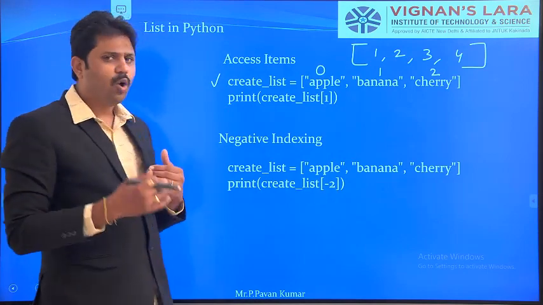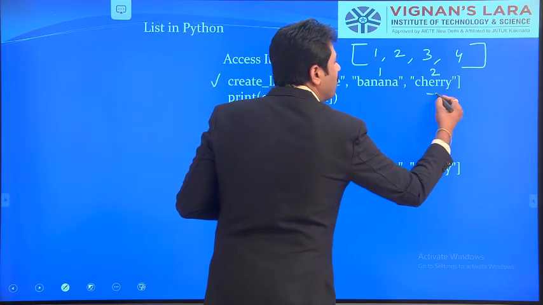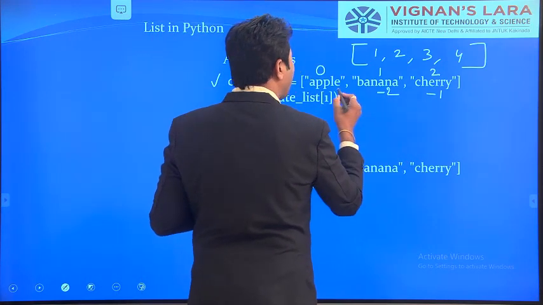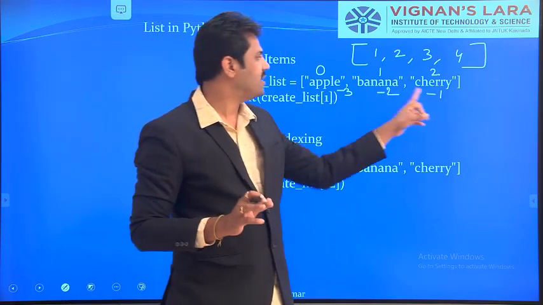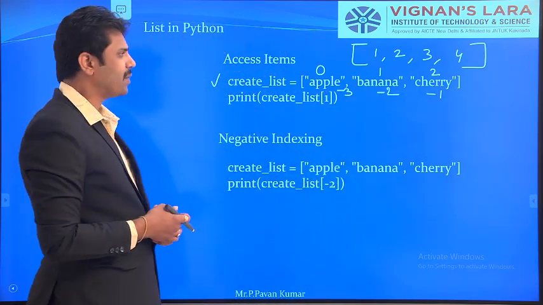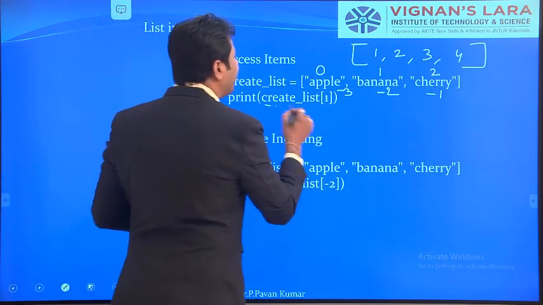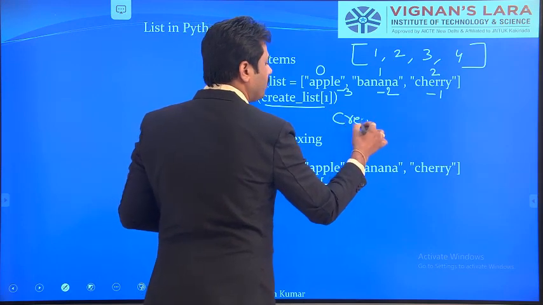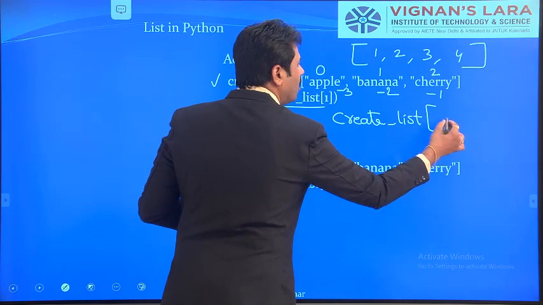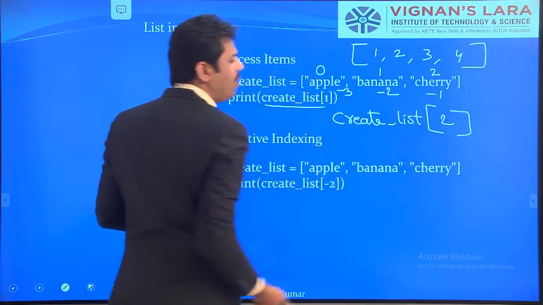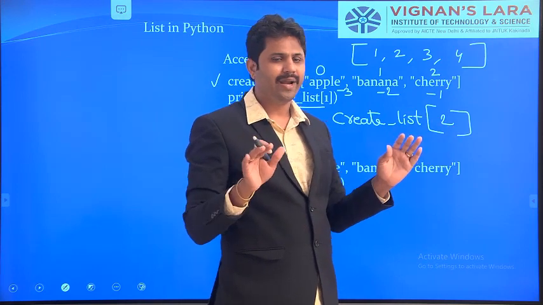Next, we also have negative indexing, represented by -1, -2 and -3. Here we do not use 0. We start from -1, -2, -3. If I write a statement like print create list of 2, I am using positive indexing here, not negative indexing.